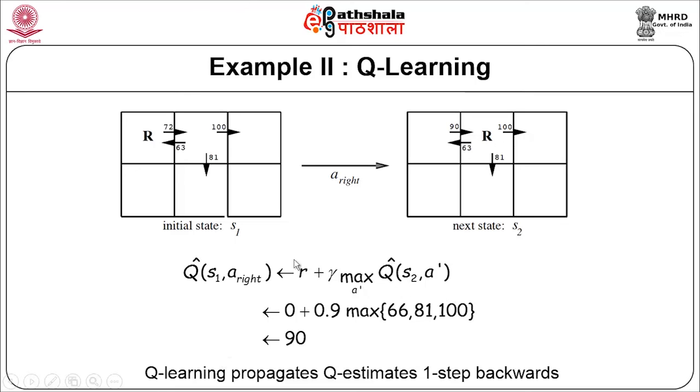We assume there is no immediate reward, plus the discounted value 0.9, times the maximum of, now here you have 66, 81 and 100. You choose 100, and so you get this value to be 90. So, Q-learning propagates Q estimates one step backwards.